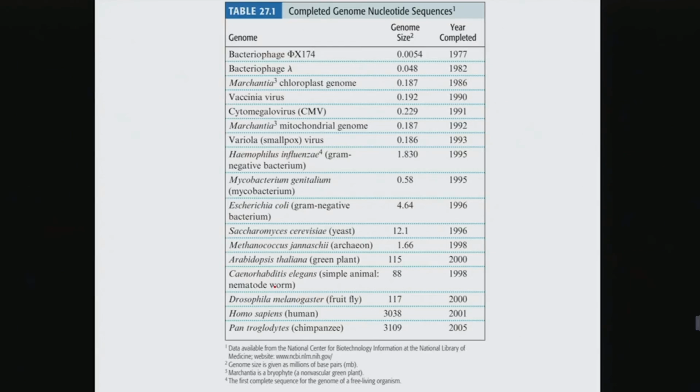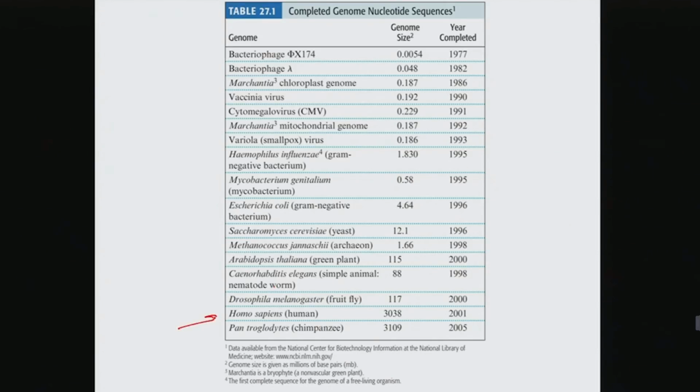Okay, so in the early days, what they started working with were very small genomes, so there weren't a lot of base pairs associated with them. It took them many years to sequence these genomes from these species here. It was only by 2001 that we finally were able to sequence the human genome.